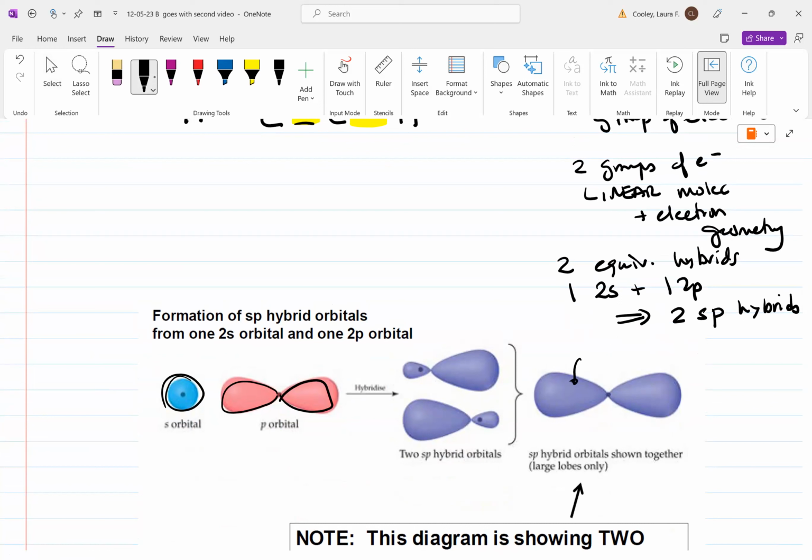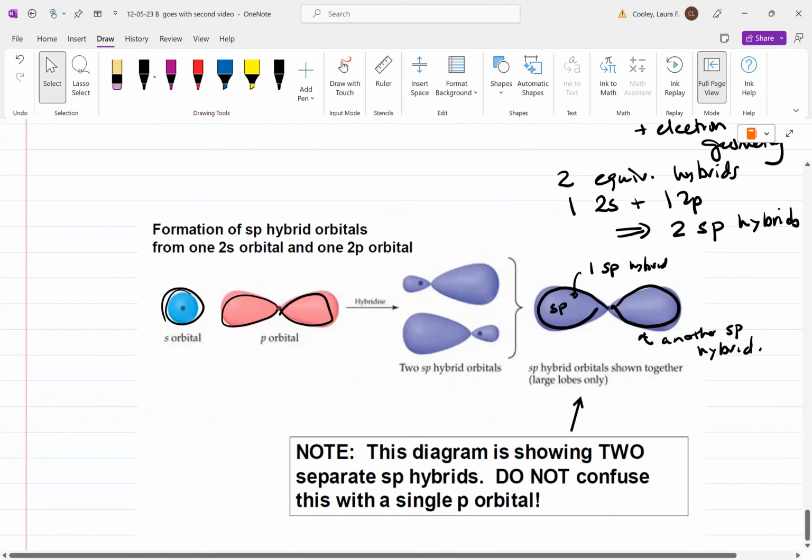So this would be one sp hybrid going this way, and another one going this way. And I want to point out that each of these is an sp hybrid. This is not showing a p orbital.